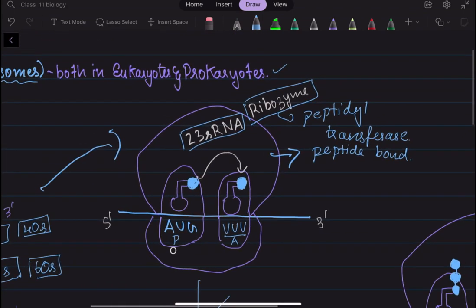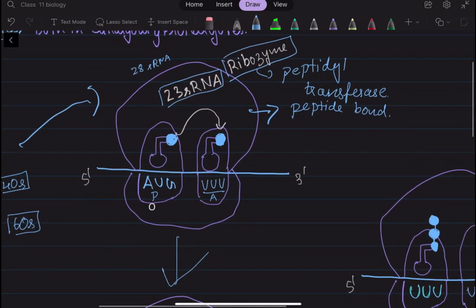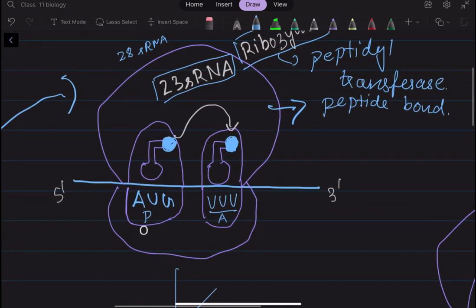In case of eukaryotes, it will be 28S RNA, whereas in case of prokaryotes, it will be 23S RNA. This 23S RNA is nothing but a ribozyme, and this basically forms the peptide bond between the amino acids when they are in this close proximity.